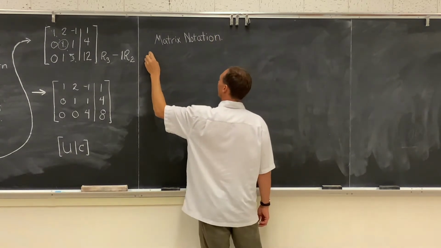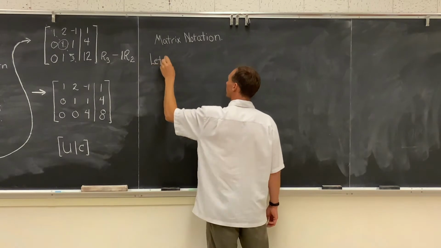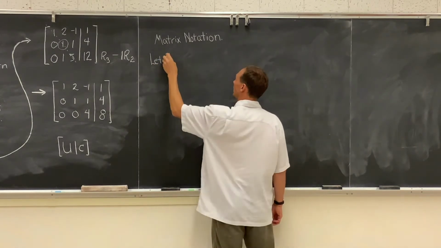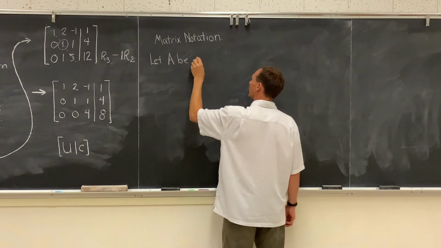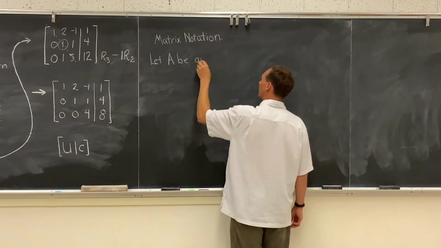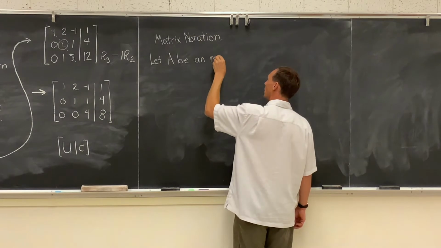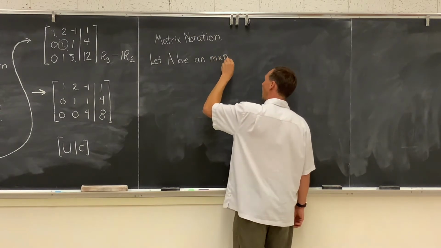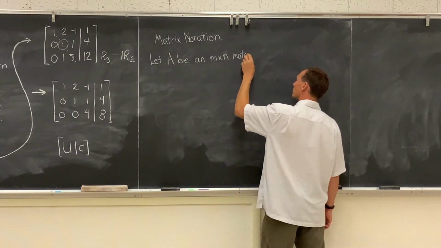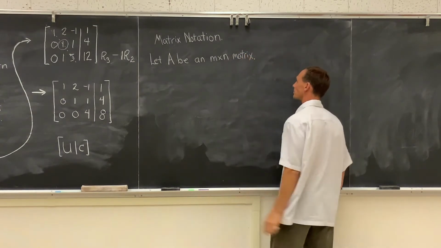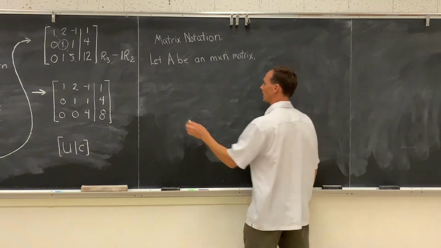Let's see. We'll call it A. Let A be an M by N matrix. Okay, so what would that mean?